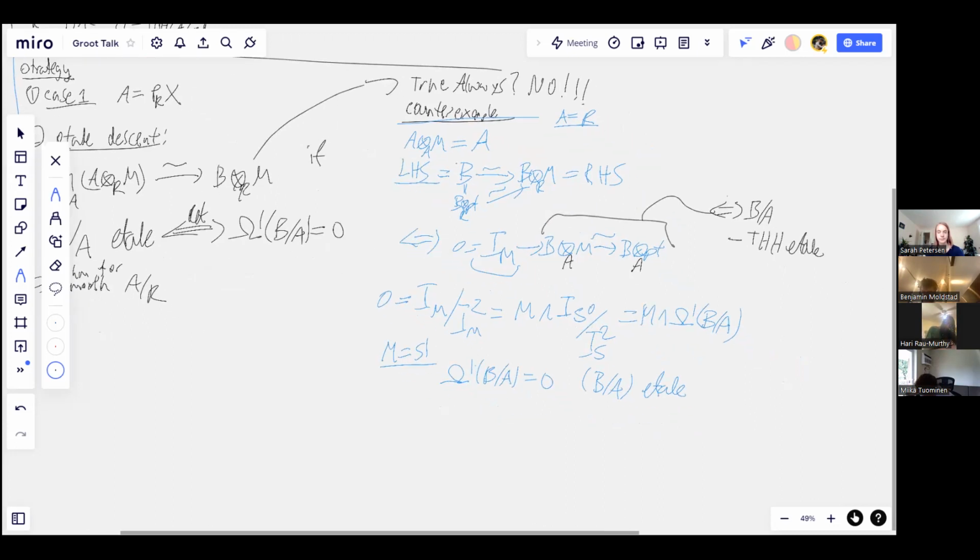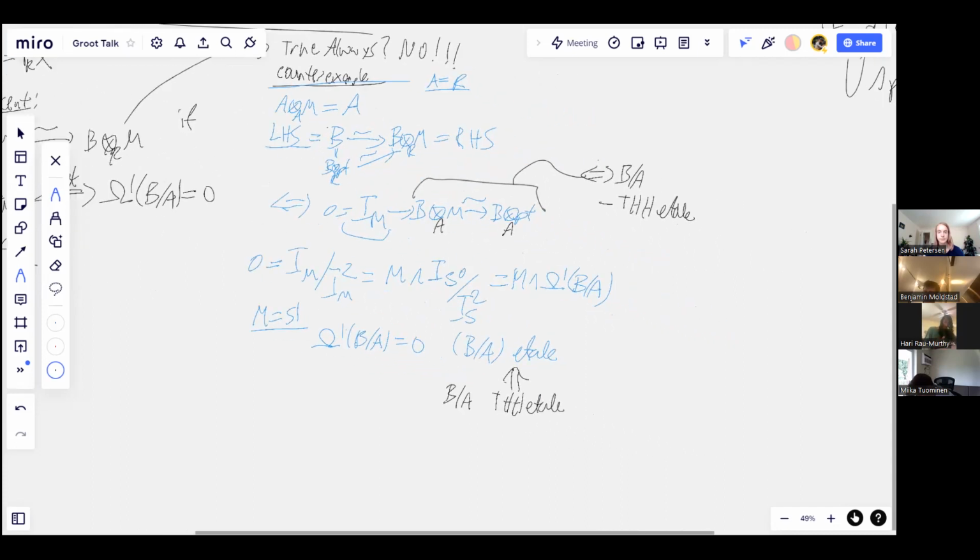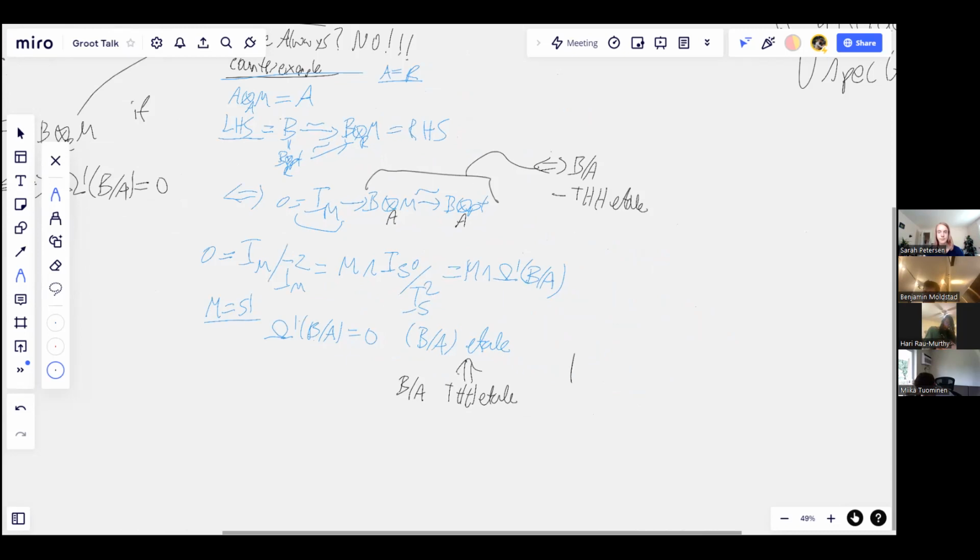So as we saw, being THH étale implies that B over A is étale, and the reverse implication is true up to completions. In particular, being étale implies THH étale for discrete rings.